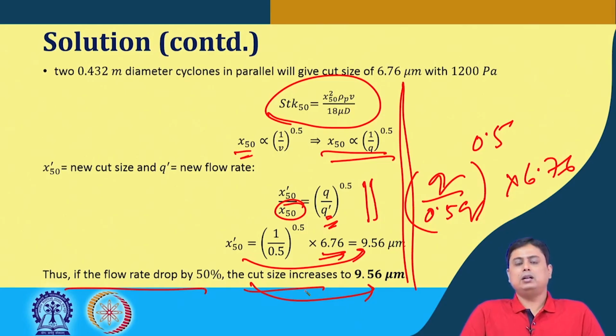Say, similar to this, if the problem is rephrased in terms of pressure drop loss, where the pressure loss suddenly goes down to a different level, then you should be able to connect this problem to the Euler number having a constant value, or the relation between the flow rate and the pressure drop.